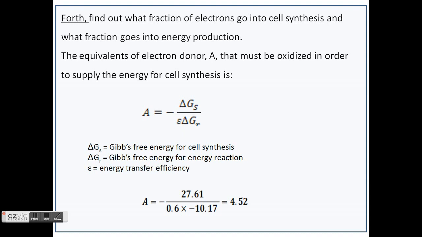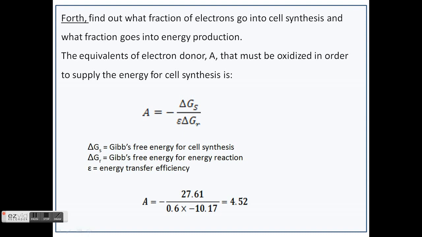Now we use A as equivalence of electron donor, and when we say equivalence of electron donor, it can be on a mole basis, the amount, what fraction or what amount of electron donor must be oxidized in order to supply the energy for cell synthesis. And we have this equation in the text. This is our Gibbs free energy for cell synthesis, and this is our Gibbs free energy for the energy reaction.